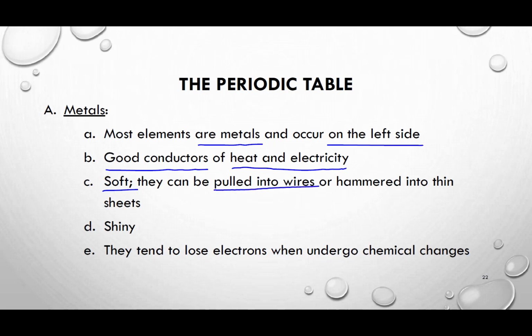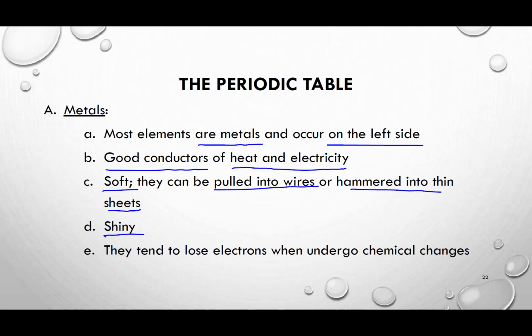You can pull them into wires or hammer them into tin foils or sheets. They are very shiny, and they are extremely reactive with the oxygen in the air. That's why when you want to observe whether a metal is shiny or not, you have to use sandpaper to get rid of the oxidized layer. Then you will see how shiny it is.